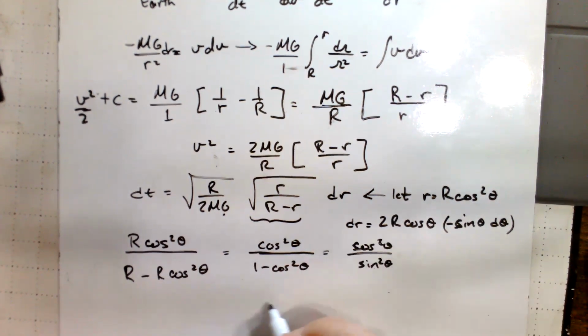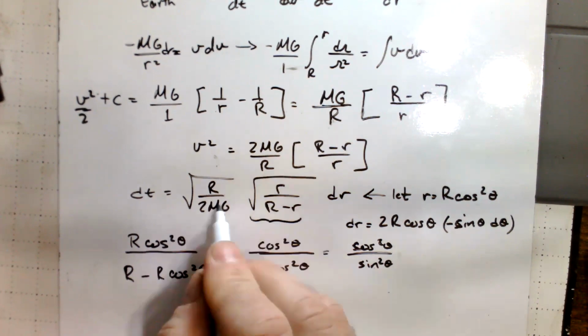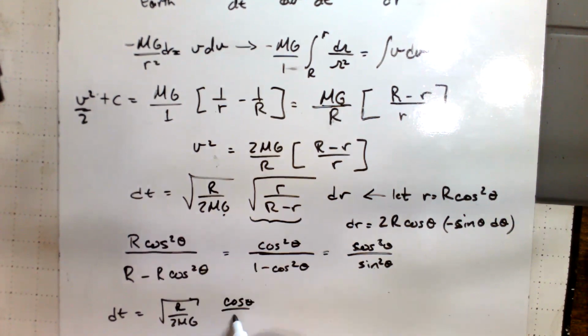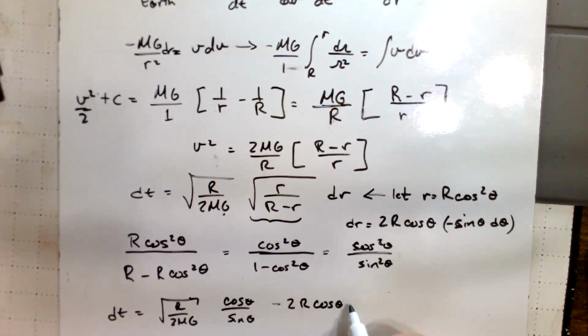If we do that, then this whole thing becomes dt equals the square root of R over 2mg, that's going to be cosine theta over sine theta, and then dr is going to be all this, which is negative 2R cosine theta sine theta d theta.